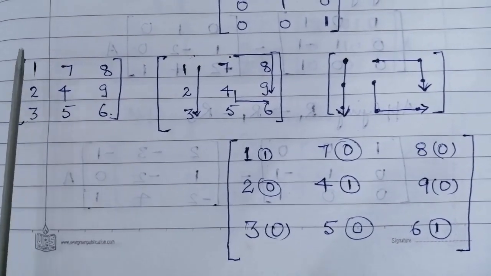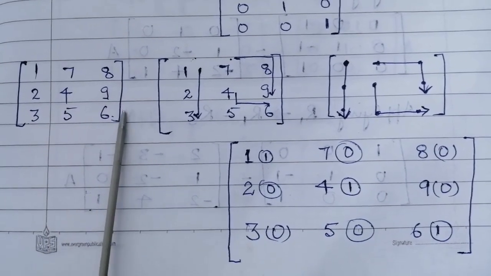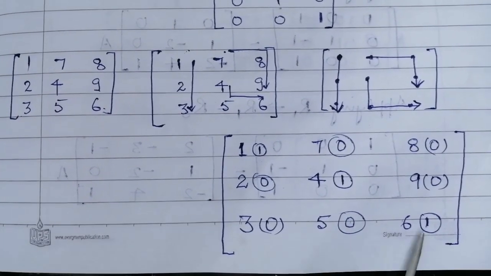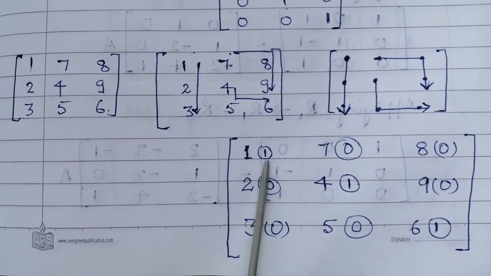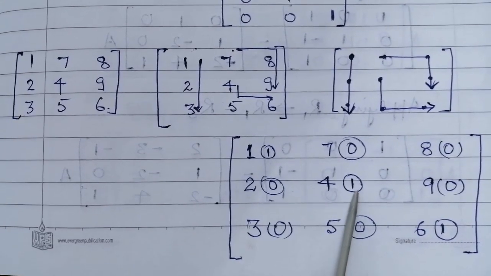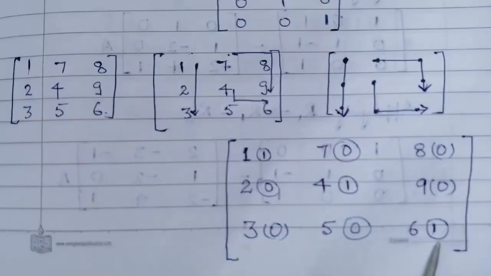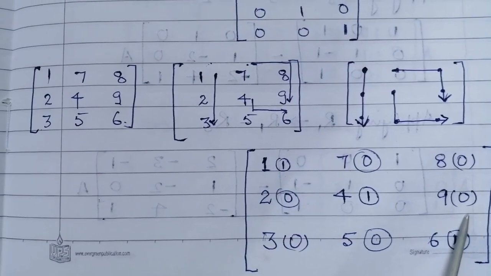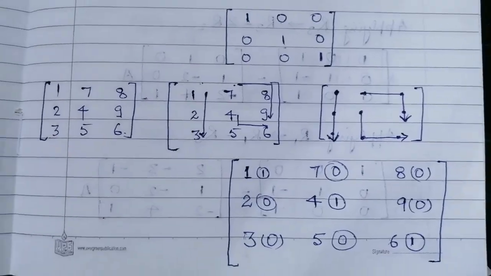But if you follow this 1 2 3 4 5 6 7 8 9, that is, first at 1 we'll make this element 1, at 2 0, at 3 0, then at 4 make this element 1, at 5 make this element 0, at 6 make this element 1, and then 7 8 9, right? So please do remember this. It's a very simple method.